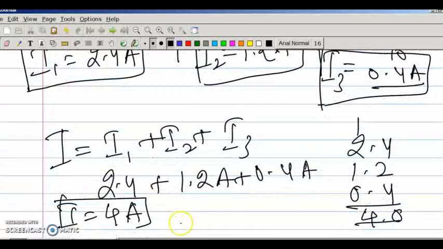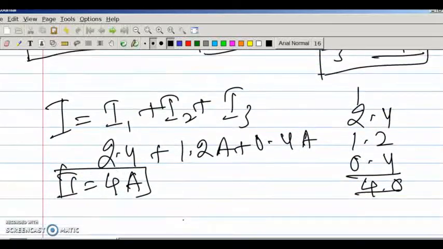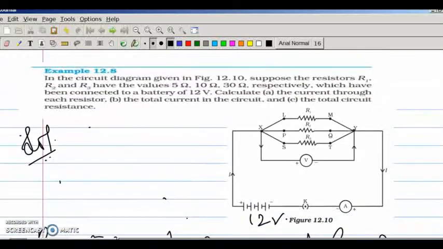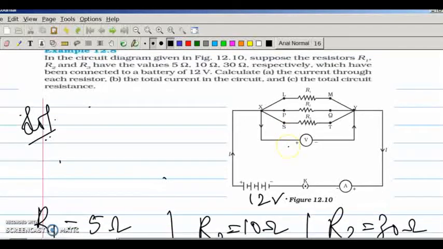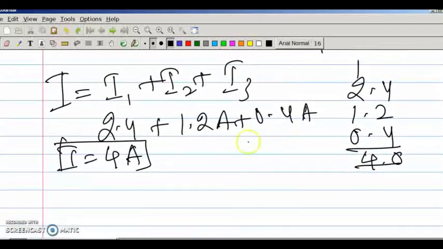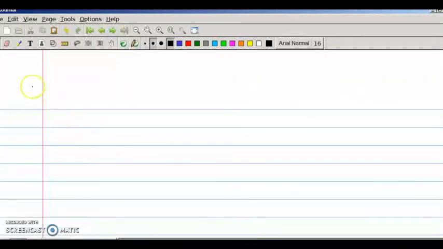Now, what's the next thing that we have to find? We have found the current in each and the total current in the circuit, and the next is the total circuit resistance. As they are all connected in parallel, we employ the parallel formula for the group of resistors connected in parallel. What is that, children?